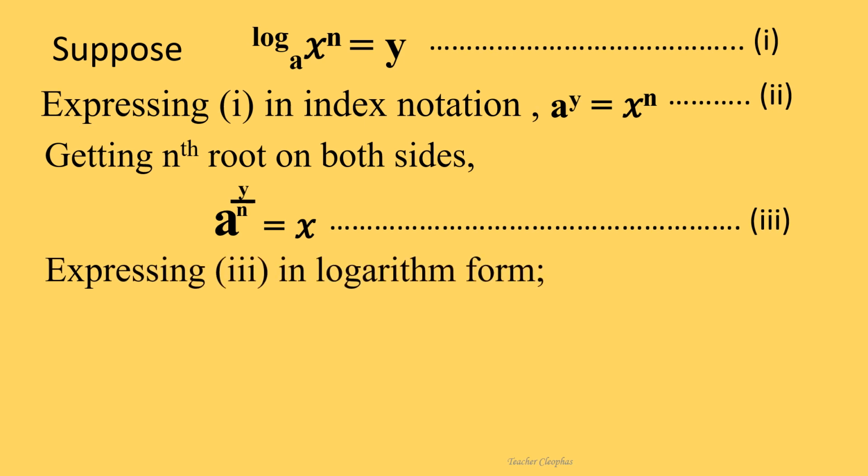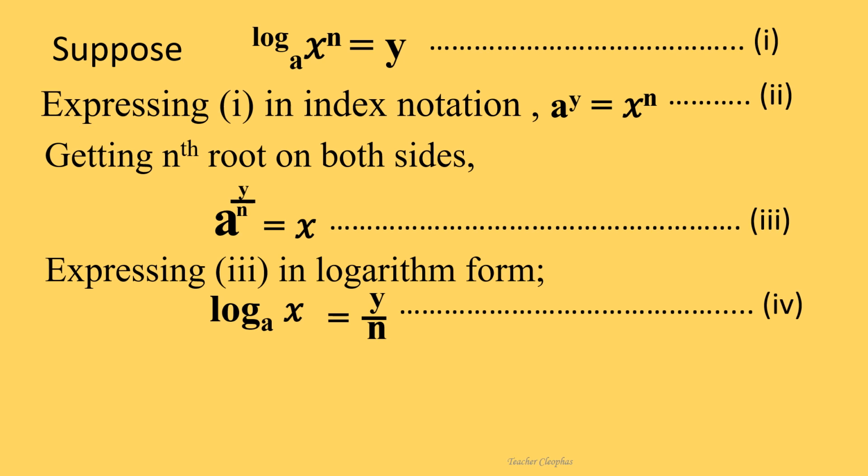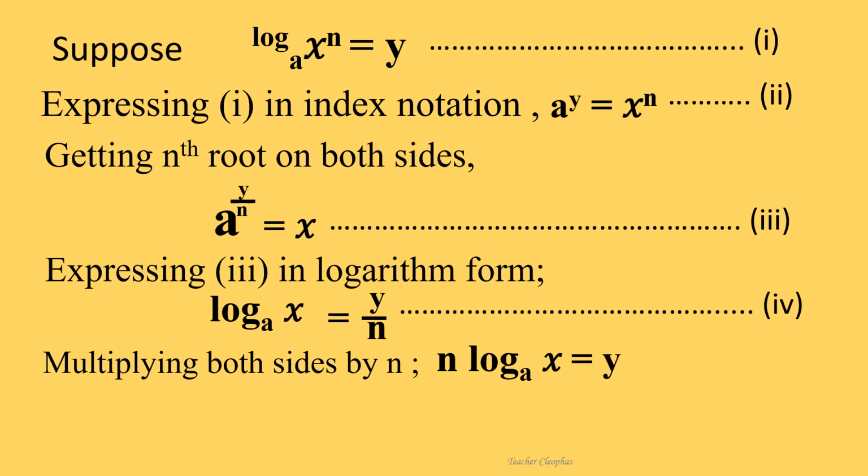Now, expressing equation 3 in logarithm form, we would have logarithm of x to base a being equal to y over n, and call this our fourth equation. Multiplying both sides by n so that we can eliminate the denominator, we would have n multiplied by logarithm of x to base a equals y.